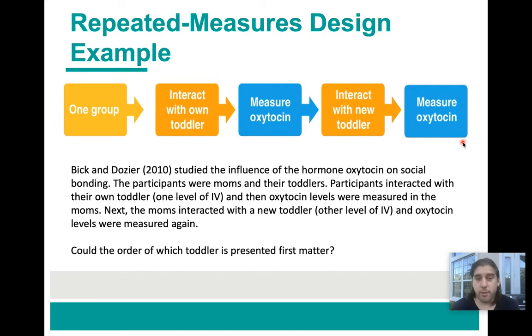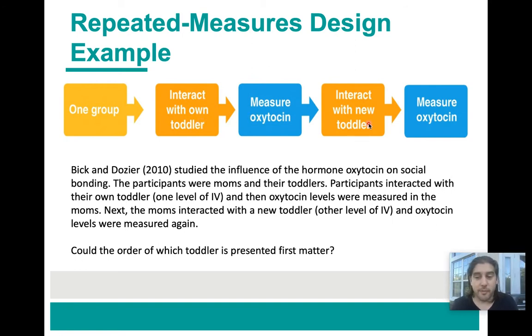This is a problematic research design because the order of the independent variable is likely to impact the other level of the variable. So imagine that you interact with your own child and that causes a spike in oxytocin, right? Great, beautiful. That's exactly what maybe we thought would happen. Interacting with your own toddler spikes oxytocin levels.